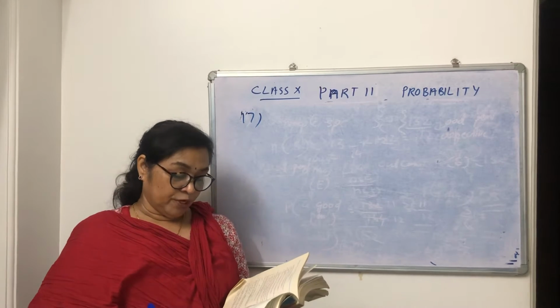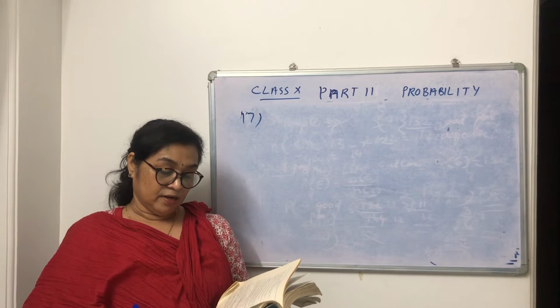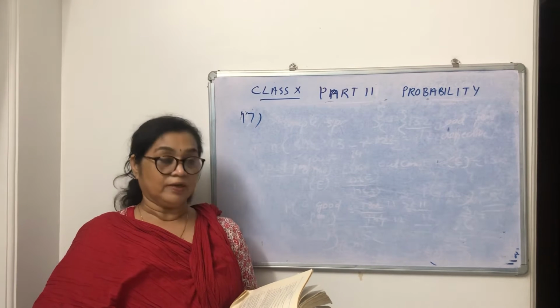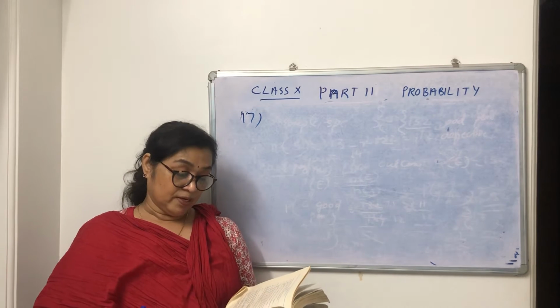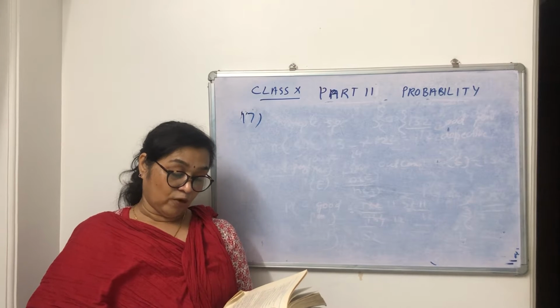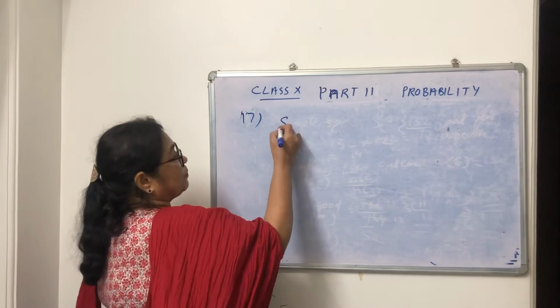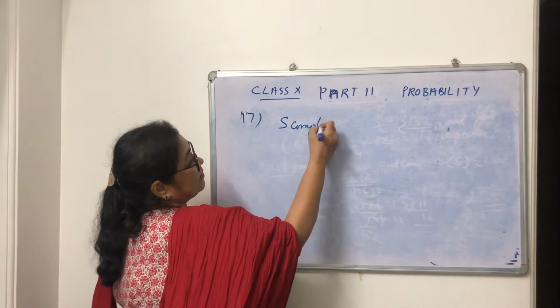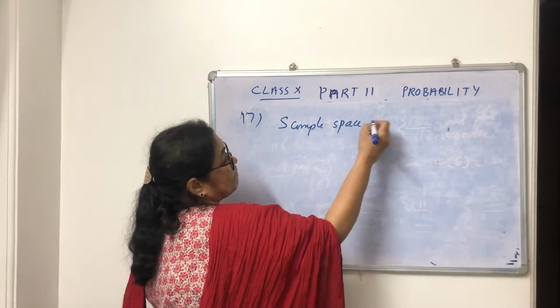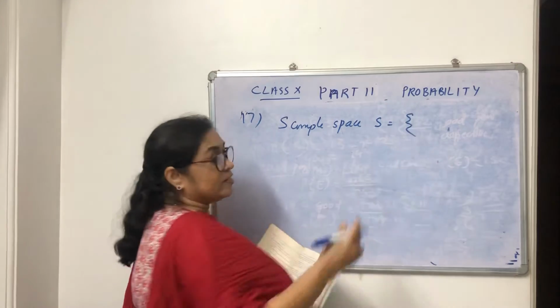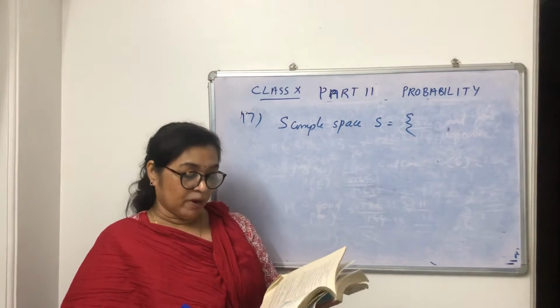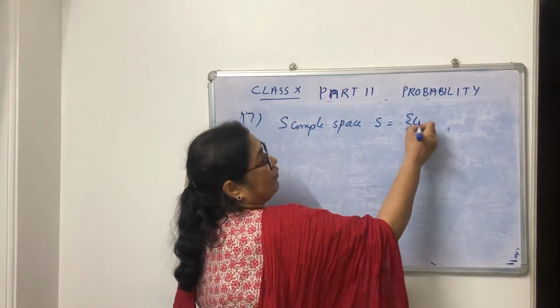A lot of 20 bulbs contain 4 defective ones. There are 20 bulbs and out of that 4 defective ones are there. So I am writing the sample space. In this group there are 20 bulbs, 4 defective.